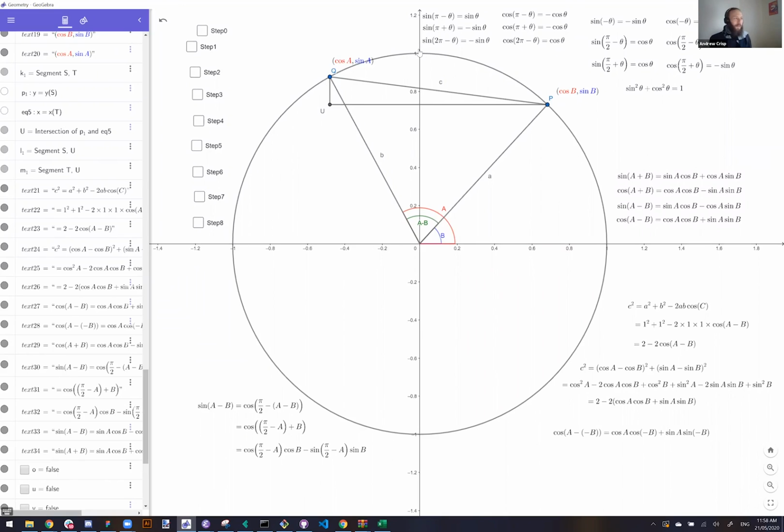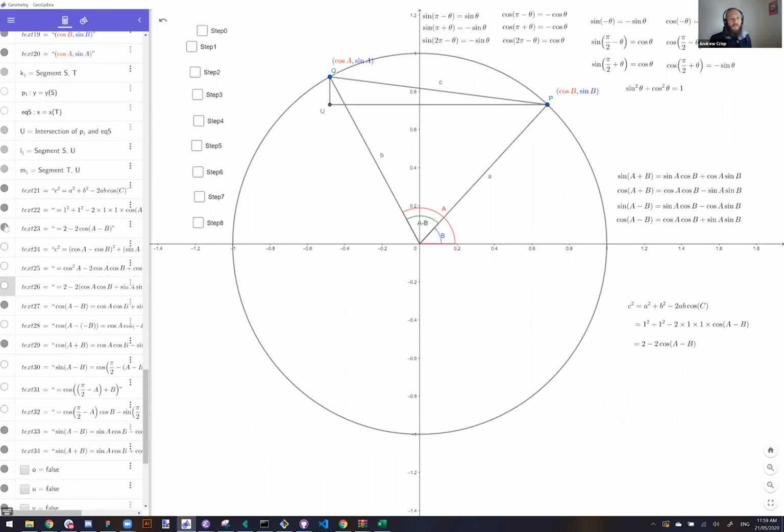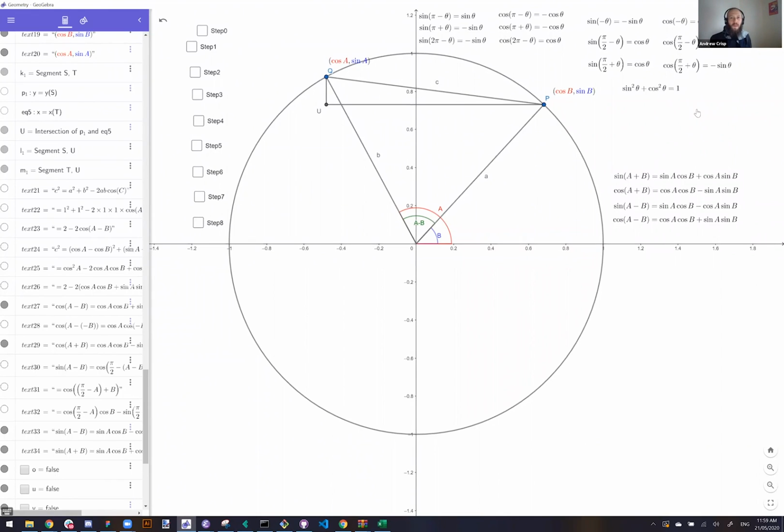So what we see up on the screen here is a whole bunch of algebra. I'm just going to get rid of some of these working ones because I don't think we need those anymore. This one. And we can get rid of these ones as well. This one, and this one, and this one, and this one, and this one, and this one. So all the way around here, you can see all the different identities that we've found and explored today.